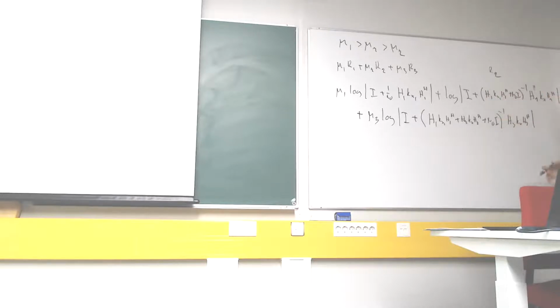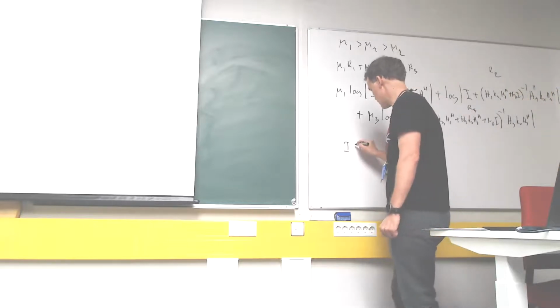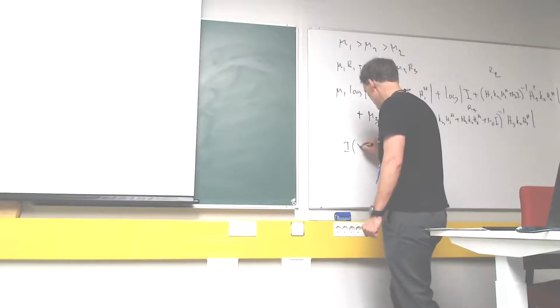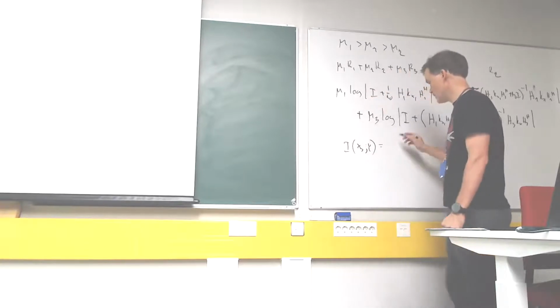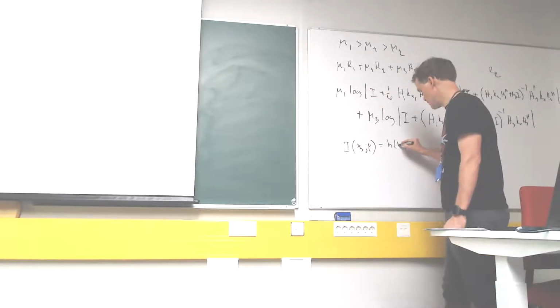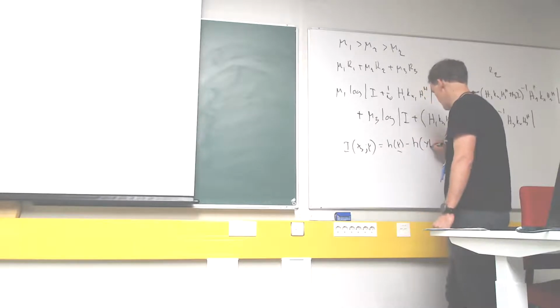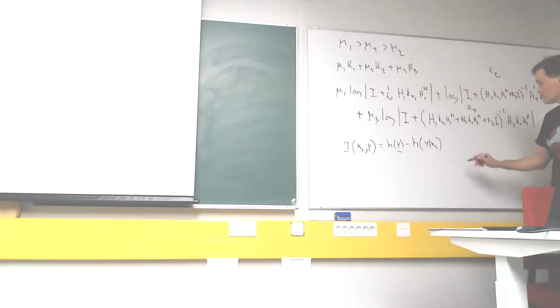So this would be just plugging in the expressions. If you wonder where this comes from, again you can just plug that into the mutual information. The mutual information between x3 and y would be the entropy of y minus the differential entropy of y given x3. Then you plug in the formulas.